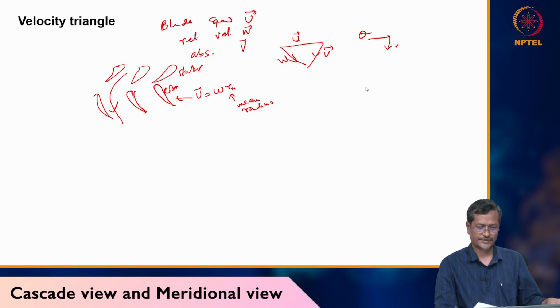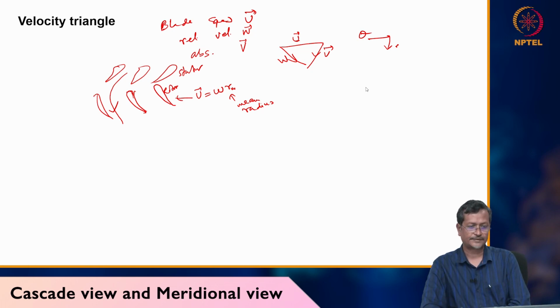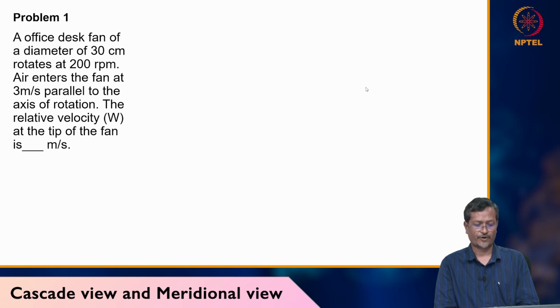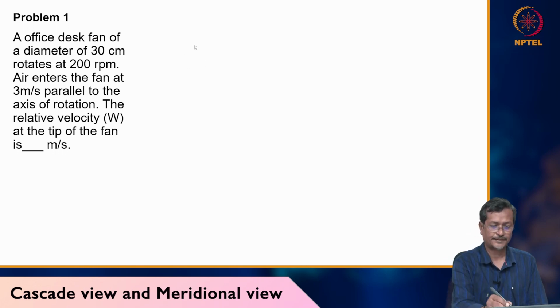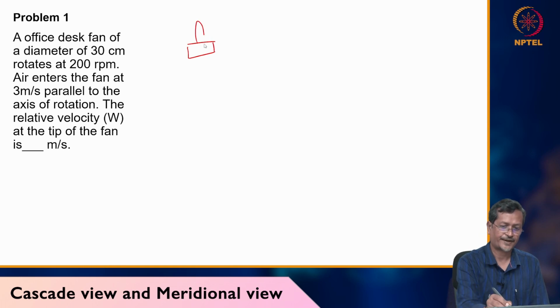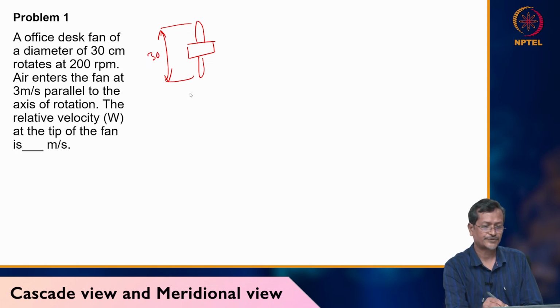So we'll try to solve one simple problem. An office desk fan has a diameter of 30 centimeters, and rotates at 200 rpm. N equals 200 rpm, so omega equals 2 pi N by 60.